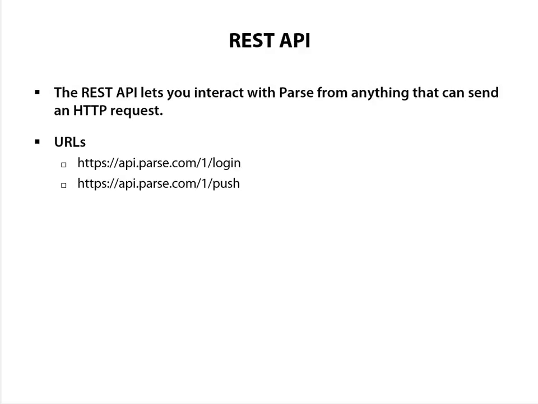For example, you can build a web server to show data from Parse with the REST API. All API access is over HTTPS and accessed via the api.parse.com domain. The relative path prefix 1 indicates that currently we are using version 1 of the API.